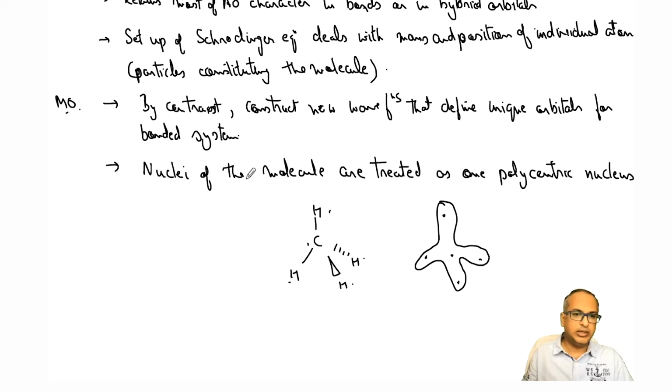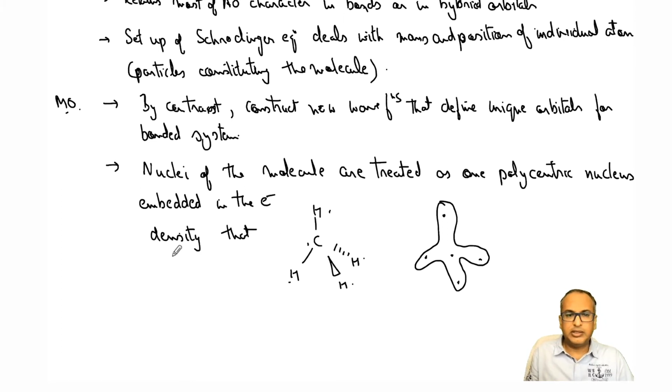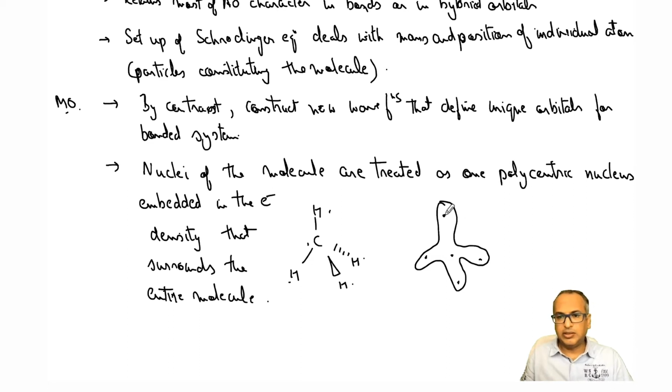It's one polycentric nucleus embedded in the electron density that surrounds the entire molecule.